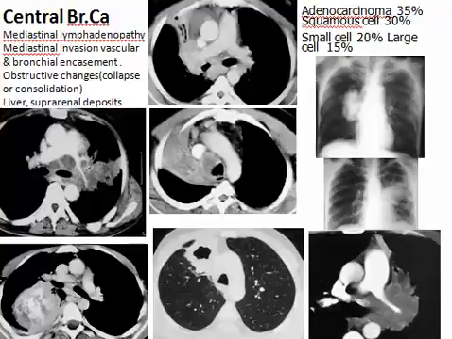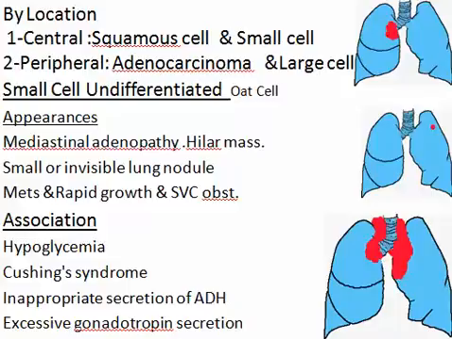It may be just a minor change in density, minor change in size of the hilum that should suggest the pathology. So as we said, the central type is squamous cell carcinoma or small cell carcinoma. The peripheral type is usually adenocarcinoma or large cell carcinoma, and the small cell is usually hilar and aggressive, rapidly growing.